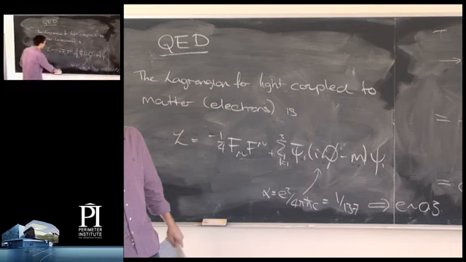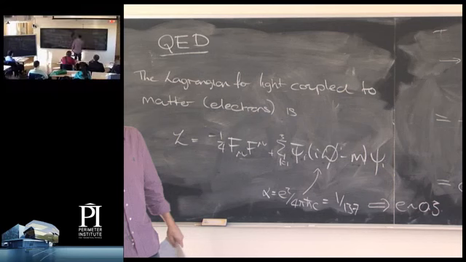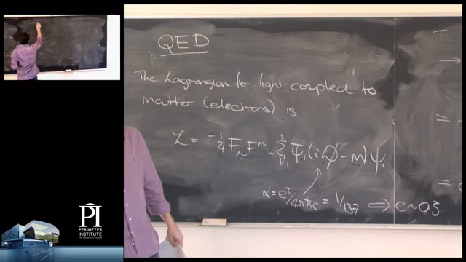Good, so this is the Lagrangian for QED. And what do we do? Well, we can write down Feynman rules. They're of exactly the same kind that we've been seeing for the last three weeks. So what do you need to know? You need to know what the vertex is and how interactions are mediated.